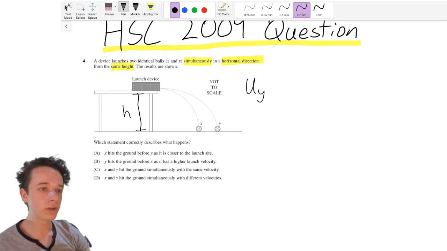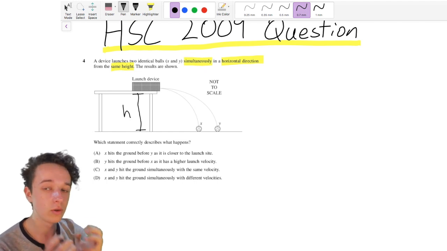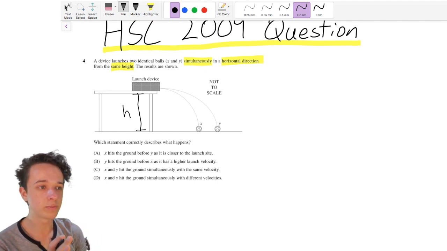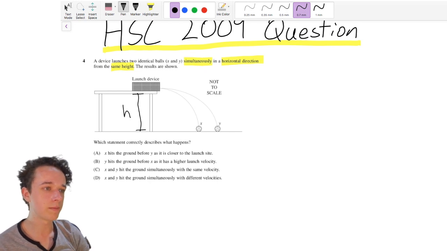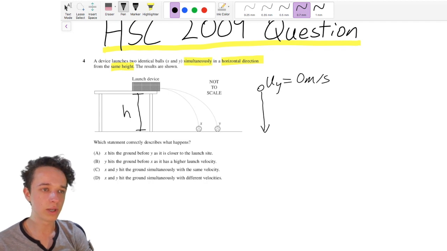So if you were to just look at the Y component of these projectiles' paths, you could model it exactly the same by just looking at an object dropped from this height, right? An object dropped from this height with an initial velocity of u meters per second. And that's the same for each of them.